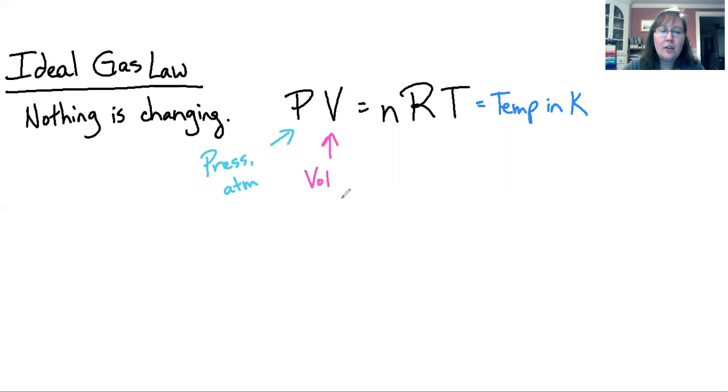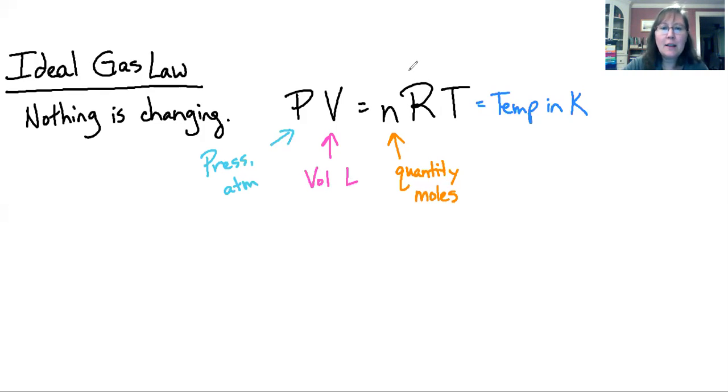V is volume, and it has to be in liters. n is our quantity, and it's in moles. And what that means is that if you're given a quantity in grams, you have to convert that to moles first using a molar mass.